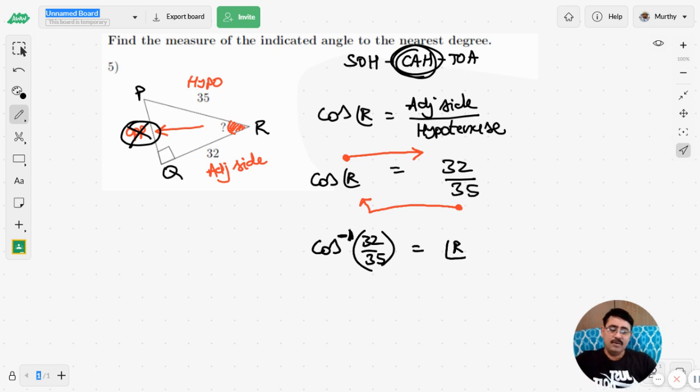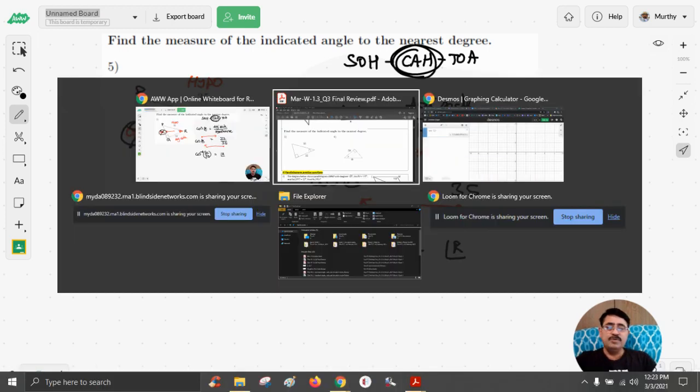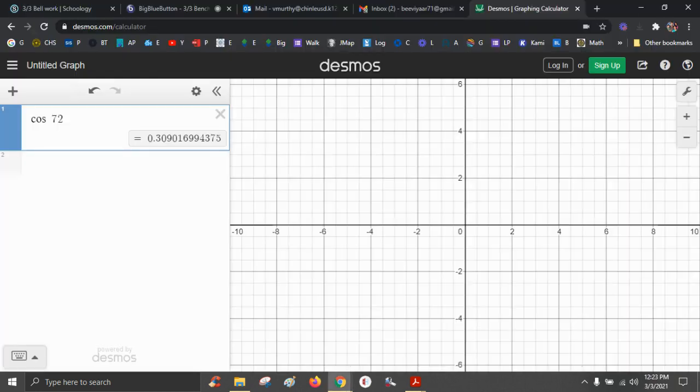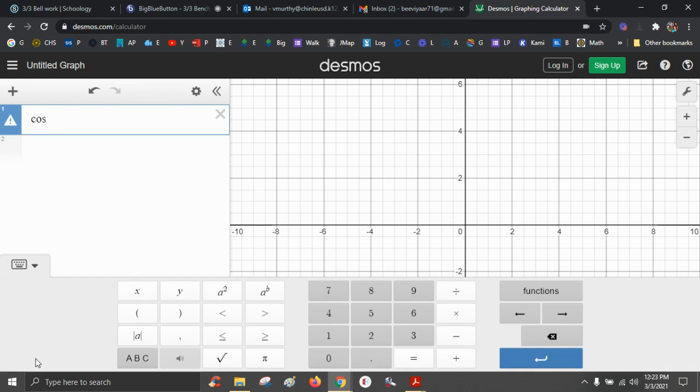Okay, now let's go to Desmos again. Let me clear this one. Cos, I'm using my keyboard on the computer. Then exponent, do you see that a to the power of b? Click it, and again I'm using my computer keyboard.